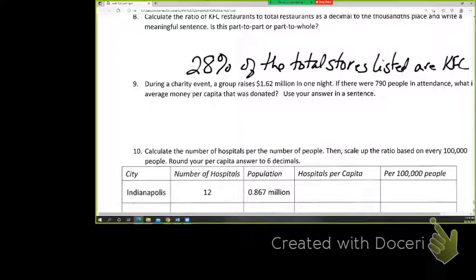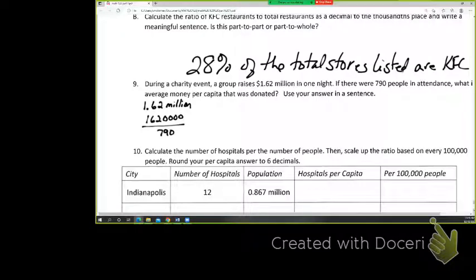So this means we need to do 1.62 million, which we could also write by putting the zeros back on. We could type that in our calculator pretty easily. I would only be adding 4 zeros because I moved the decimal 2 places. And then we would be dividing that by 790.